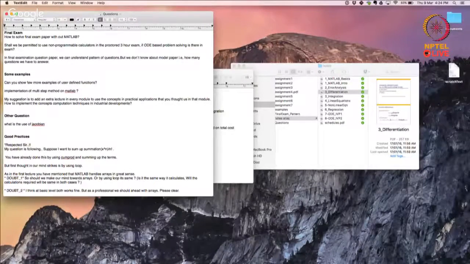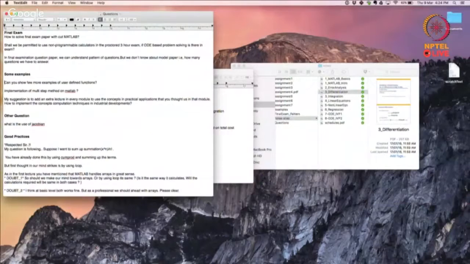User-defined functions is a terminology that is used in simulation software such as FLUENT or Aspen or CFX and things like that, where externally people write a small snippet of code that will talk to the main solver. I'm not aware of the term user-defined functions per se in MATLAB, or I'm not aware of the context in which this question is asked. So therefore, I am not very sure how I can answer this question.